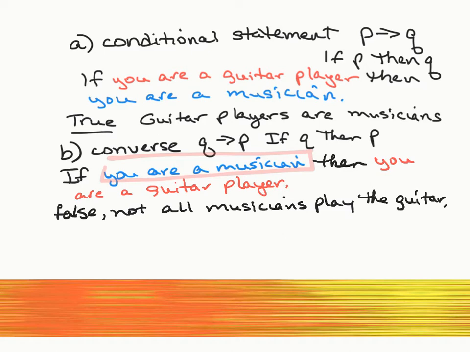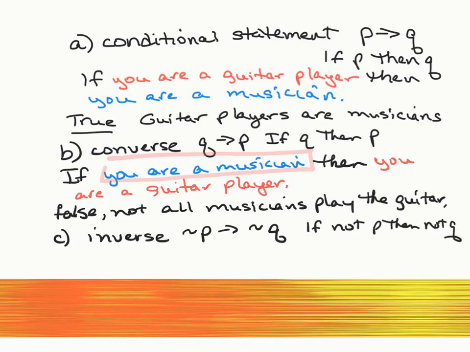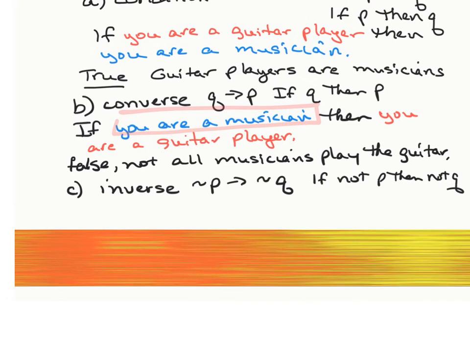Next, we're going to do the inverse. And remember, this is where we're going to negate the hypothesis and negate the conclusion. And we're going to keep it in the same order. So for example, it's going to be if not P, then not Q. Let's go ahead and write this one.